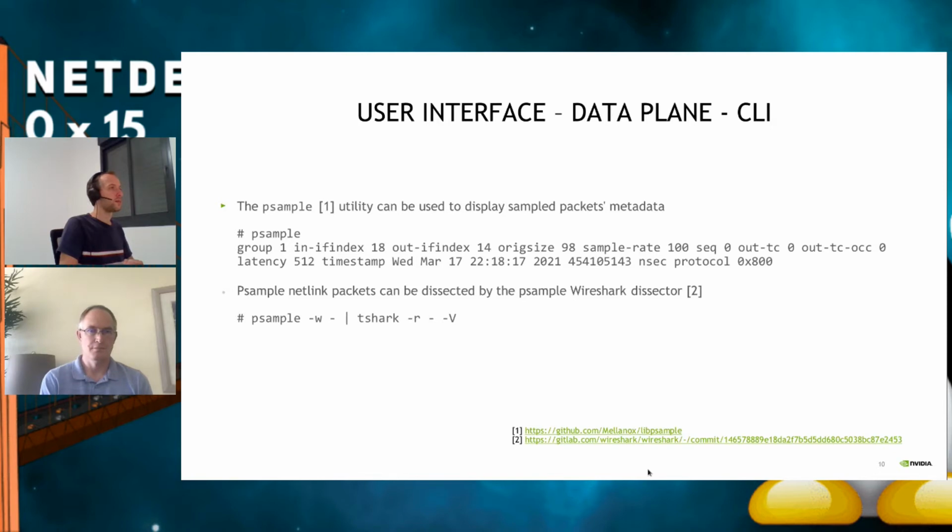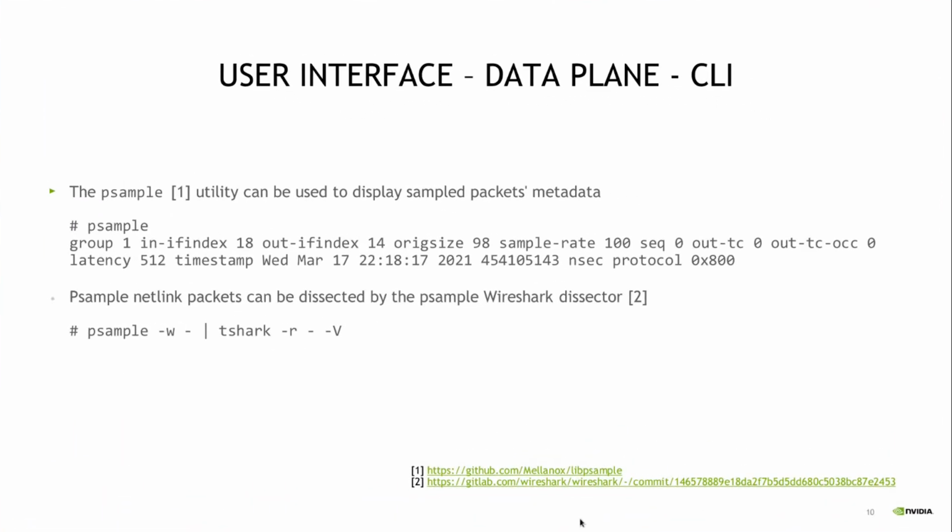So these are command line tools that we have in order to consume the sampled packets. So we have the psample utility that I previously mentioned. It is available on GitHub, and it can be used to display metadata about the sampled packets, such as the ingress port, the egress port, original size of the packet before the truncation, the egress queue, the occupancy of the egress queue, the latency of the packet in nanoseconds, as well as the timestamp.